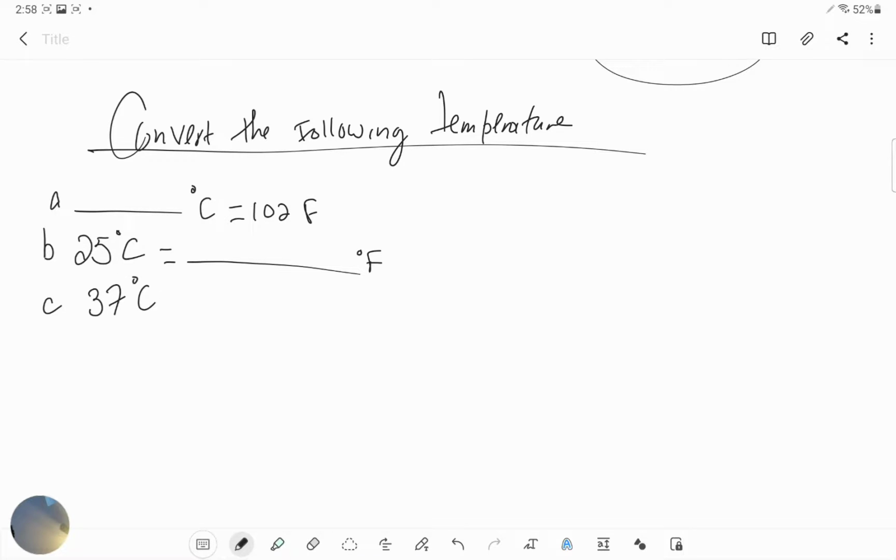D is 37 Celsius to Kelvin. Let's make it very simple.